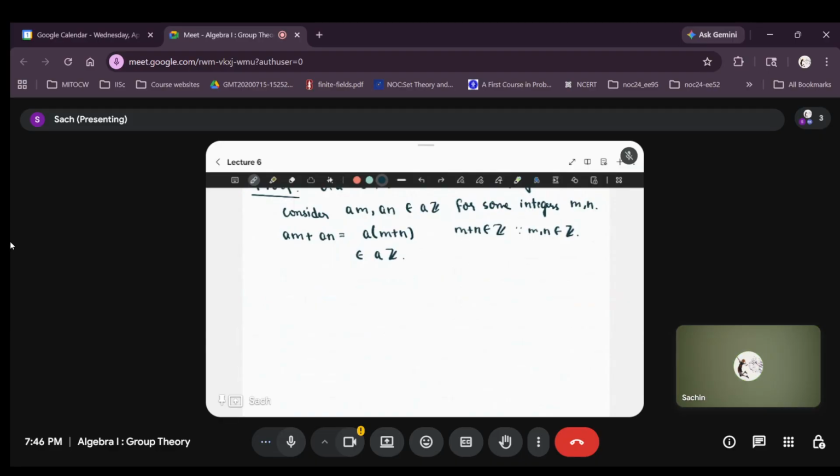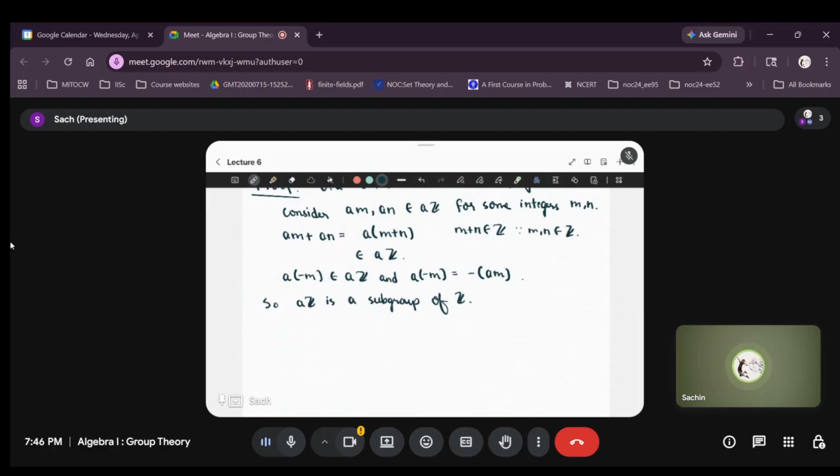And a times minus m belongs to aZ, and a times minus m is equal to the inverse of am. So aZ is a subgroup of Z.